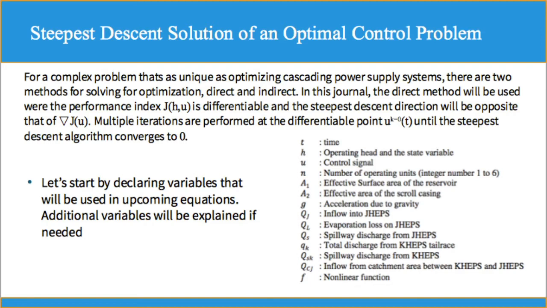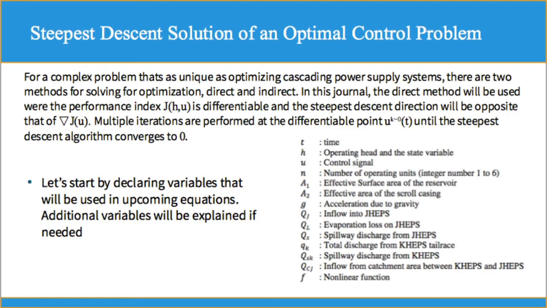If you recall from your calculus class, the gradient points in the direction of greatest increase. Well, we actually want to go in the opposite direction. So we're going to find the gradient, but go in the opposite direction of that. And that's going to help us optimize the control system for power generation.